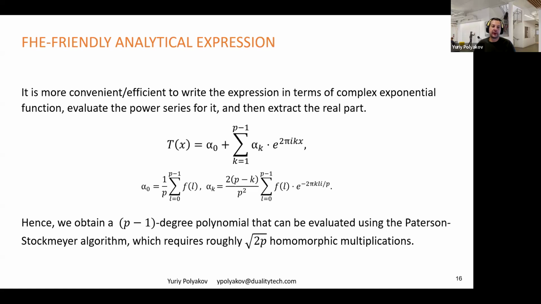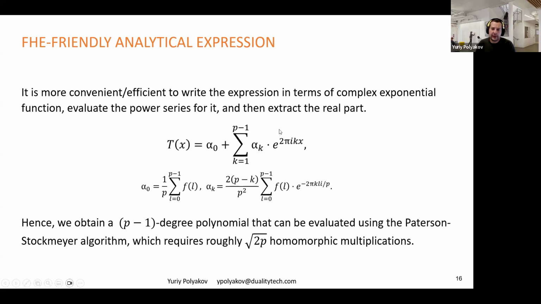And so we took an extra step, and we rewrote this trigonometric interpolation in terms of complex exponential functions, so that we could get a power series for it, and then we can use our regular power series evaluation methods. The high-level idea is we write it as complex functions, and then we extract the real part, because the real part is the one that we're focused on.